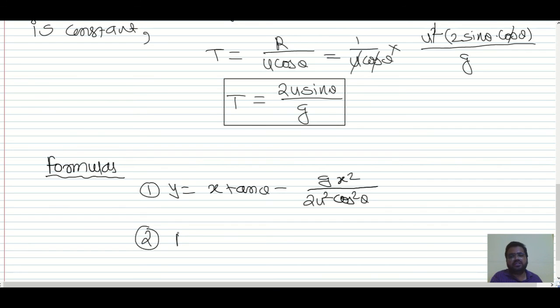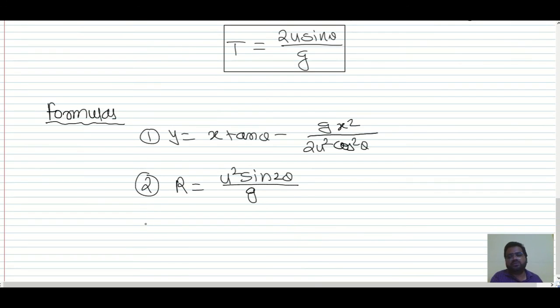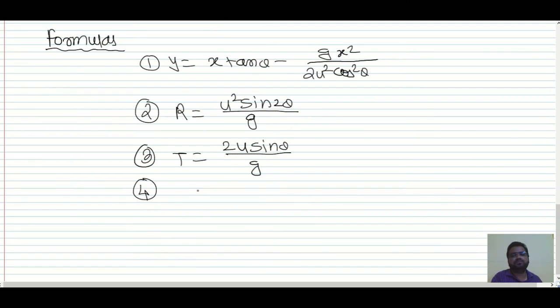Secondly, we have seen the range, which is u squared sin 2 theta divided by g. Then the third one, time of flight, which is 2u sin theta divided by g, and then lastly we have the maximum height, and that is u squared sin squared theta divided by 2g.